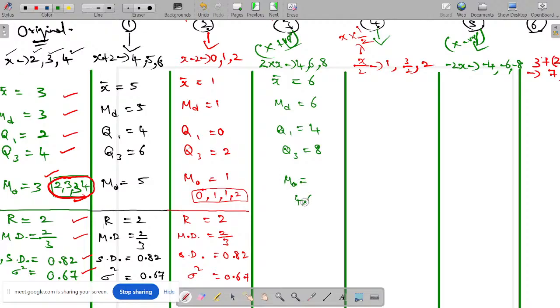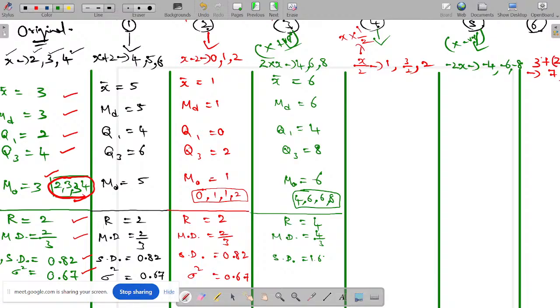So you got it as 4, 6, 6 and 8, right? So you got the value as 6. Yes, range, mean deviation, standard deviation, 1.63.